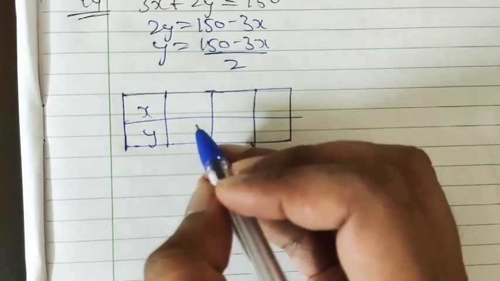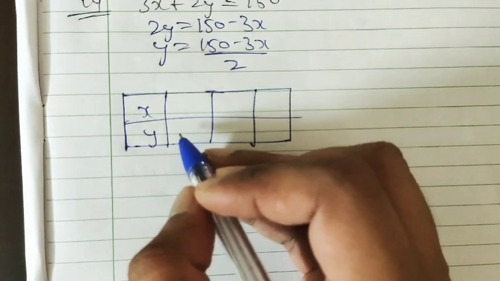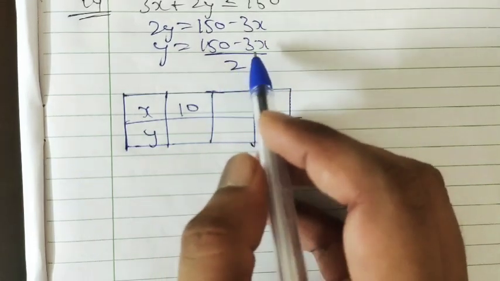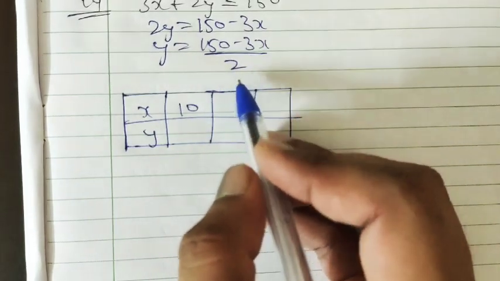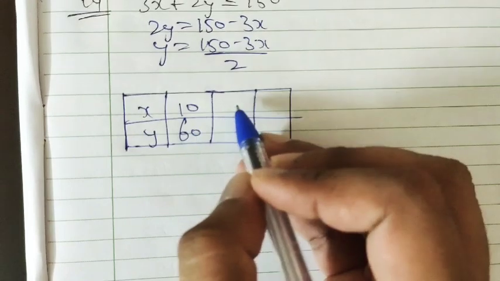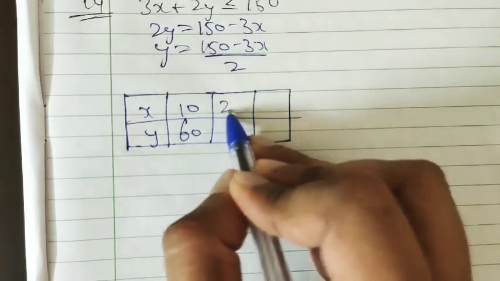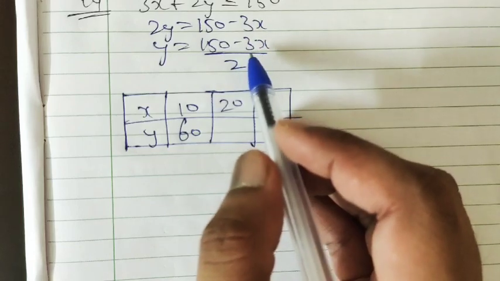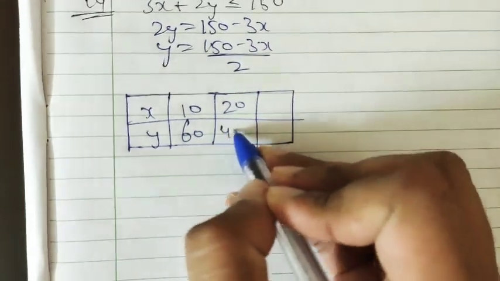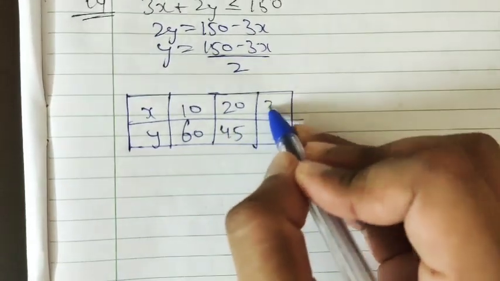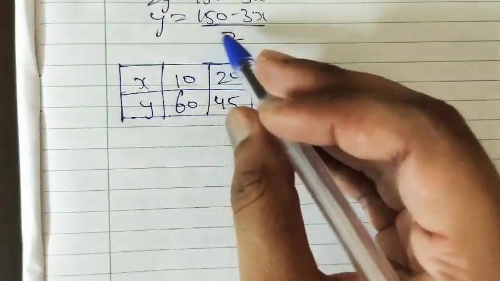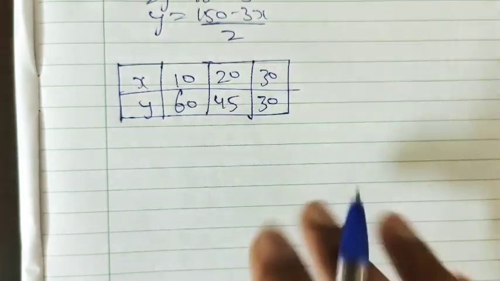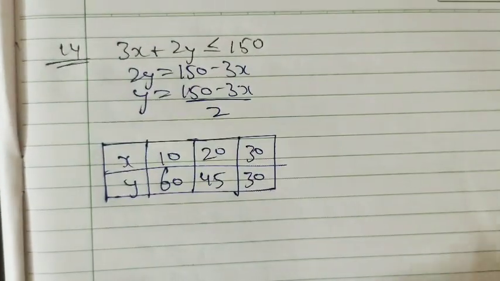If x is 10, y will be equal to (150 minus 30) upon 2, 120 upon 2, 60. If x is 20, 150 minus 60 is 90, 90 upon 2, 45. If x is 30, 150 minus 90, 60, 60 upon 2 is 30. So these coordinates we have got.